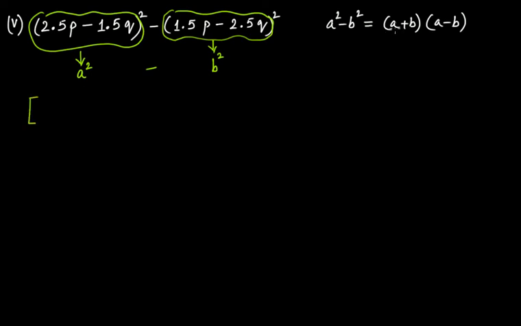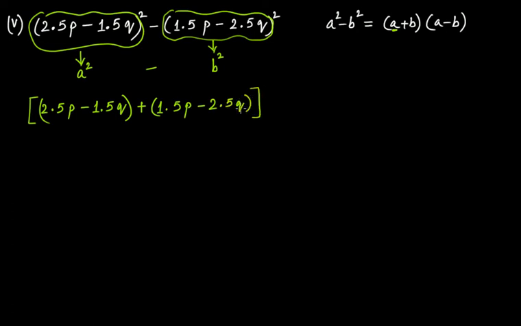At the place of a write 2.5p minus 1.5q, a plus b means 1.5p minus 2.5q.